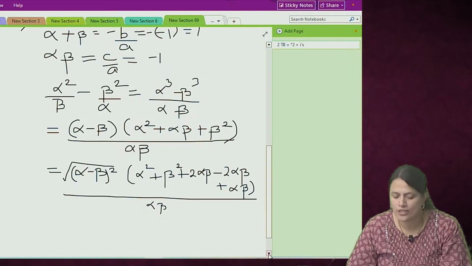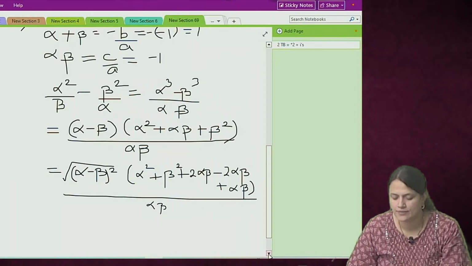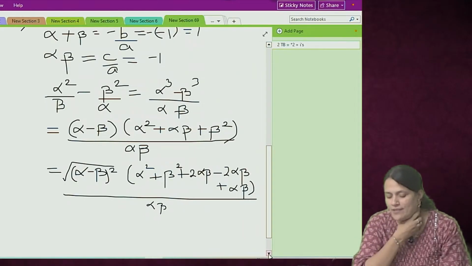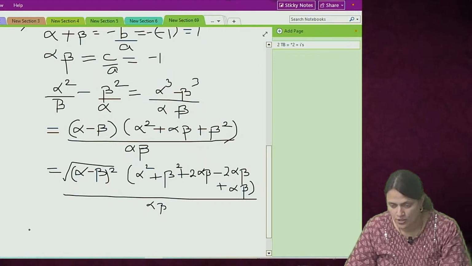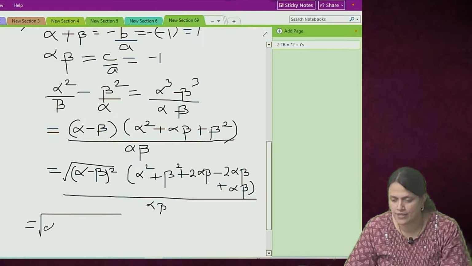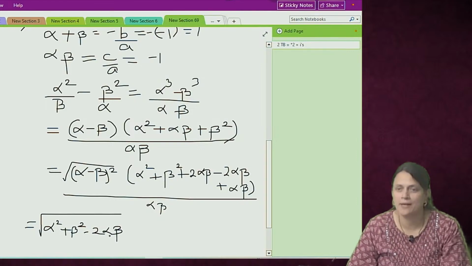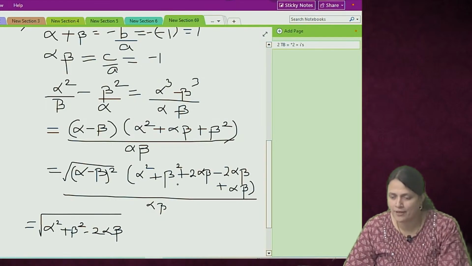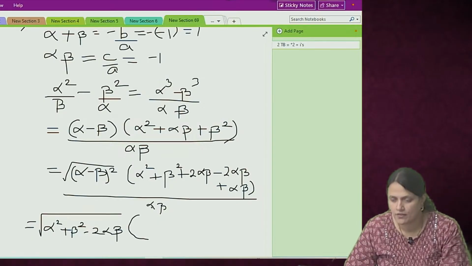Now we know the formula of alpha minus beta whole bracket square. So it is going to be square root of alpha square plus beta square minus 2 alpha beta. We have expanded the bracket. Now here if you see, this is the formula for alpha plus beta whole bracket square.